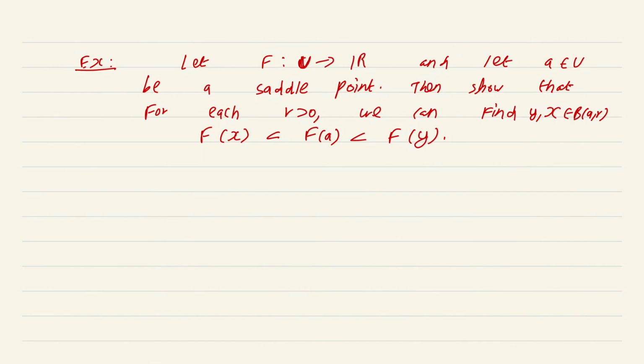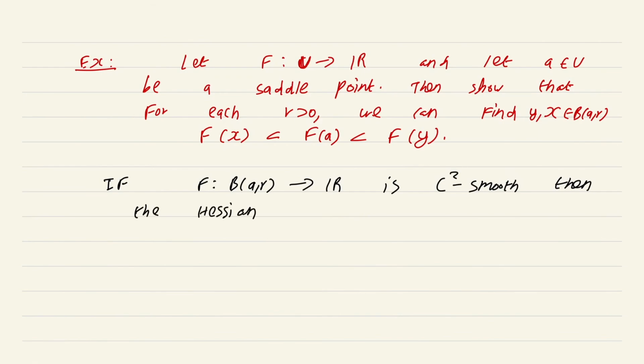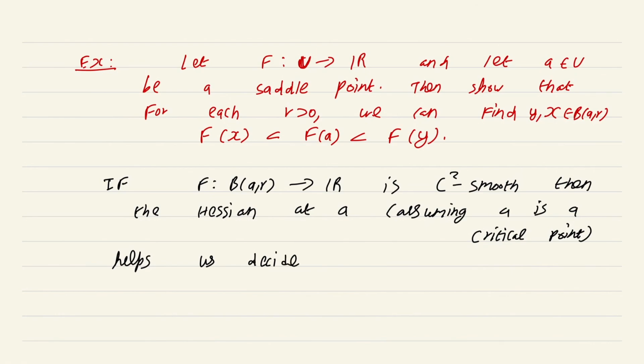So if f from B(A, r) to R is C2 smooth, then the Hessian at A, assuming A is a critical point, of course, helps us decide the nature of the critical point, that is whether it's a local maximum, a local minimum, or a saddle point.